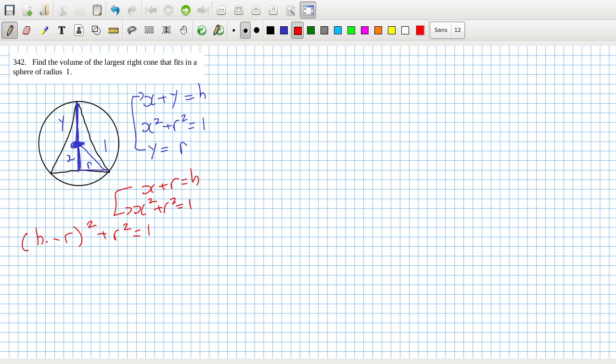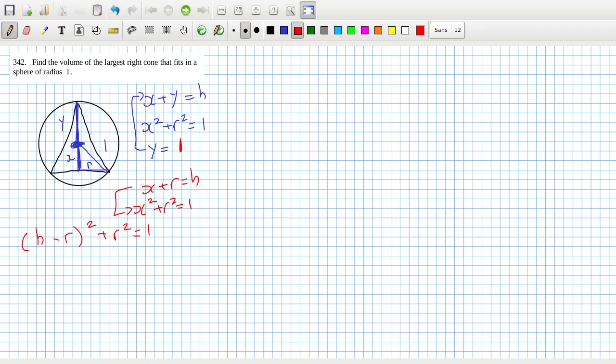This is basically y equals r. So that's x plus r equals h. Then x squared. Oh no, hang on. Yeah, x squared plus r squared. Oh no, sorry, that's not it, it's the radius of the sphere, which is 1. So that's a 1, not an r.